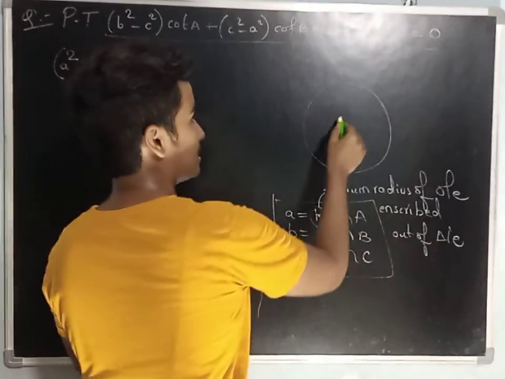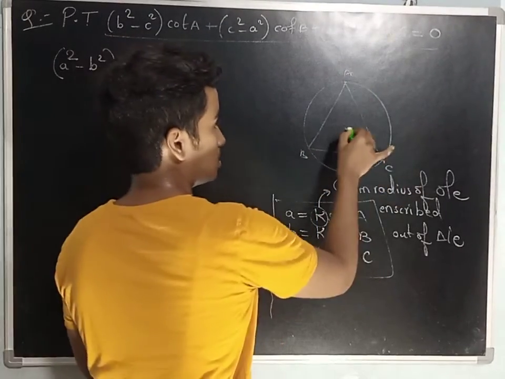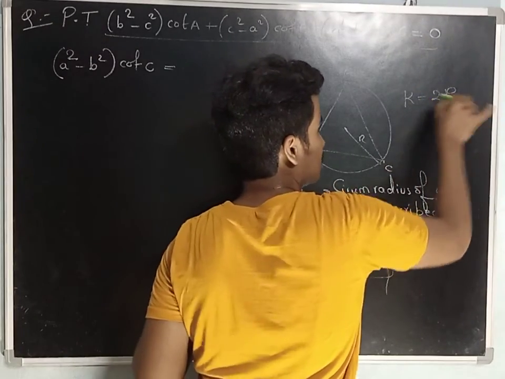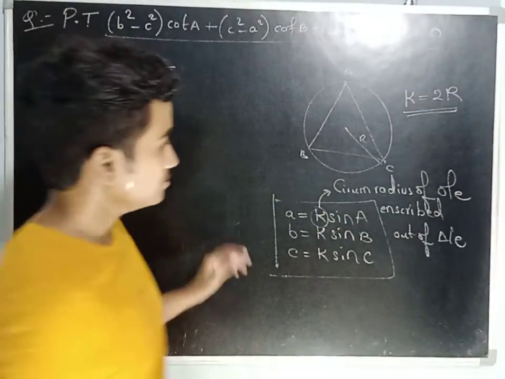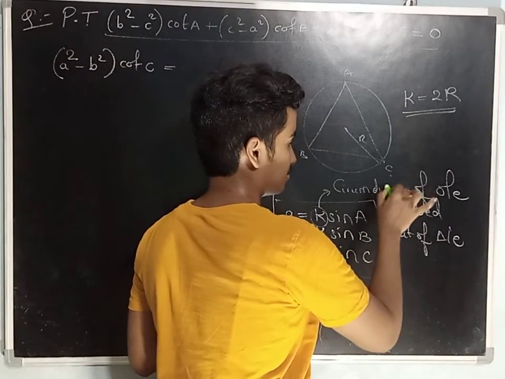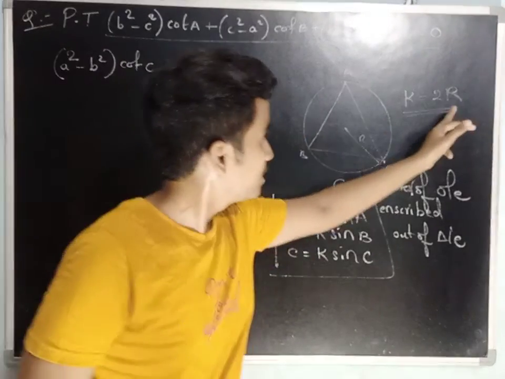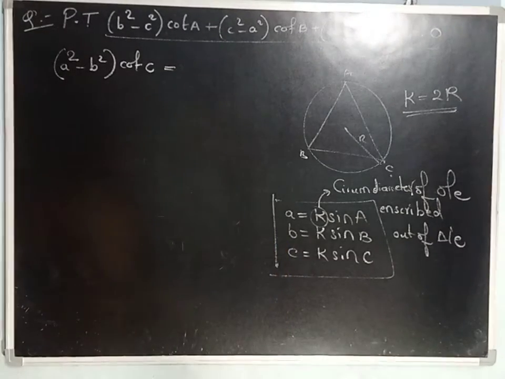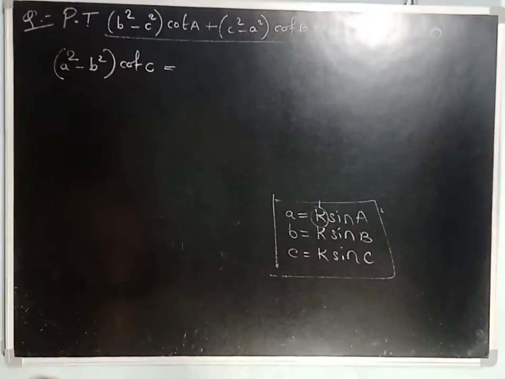Suppose I consider a triangle ABC inside a circle whose radius is capital R. Then this constant k is nothing but 2R, the diameter of the circumcircle of this triangle. We will understand it in further videos. It's just a simple recap about the detail of this constant.